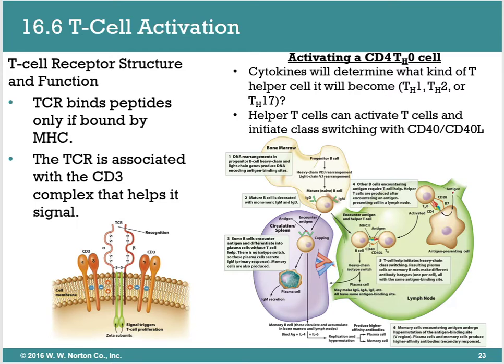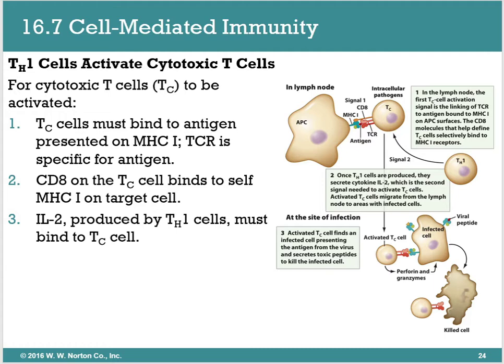But I do want you to know specifically the 3 steps for cytotoxic T cell activation, okay? There are 3 main steps, and they have to occur in order. The first step is that a cytotoxic T cell will bind to an antigen presented on an MHC1 protein, okay? So it is specific binding.